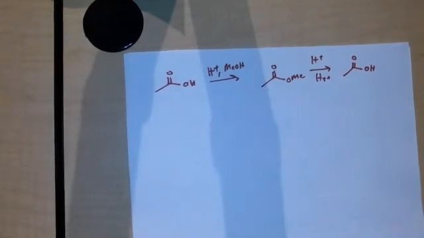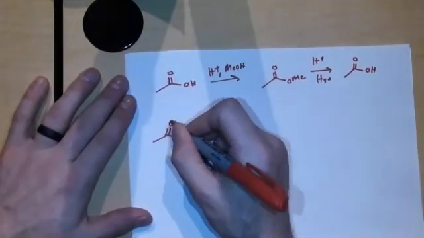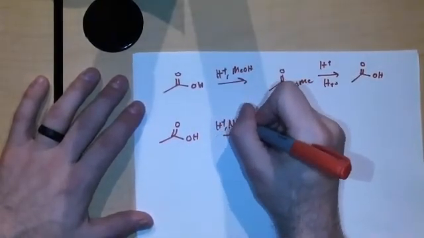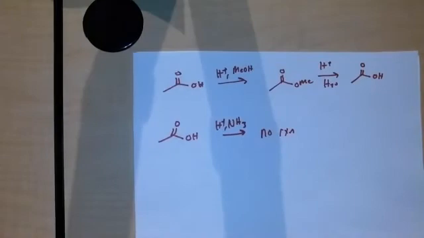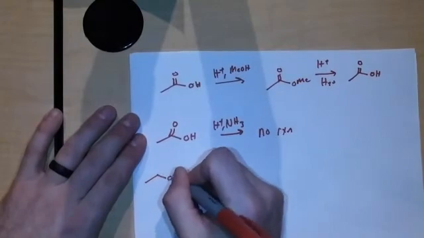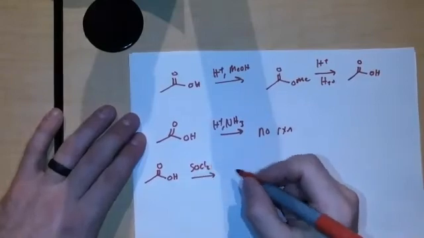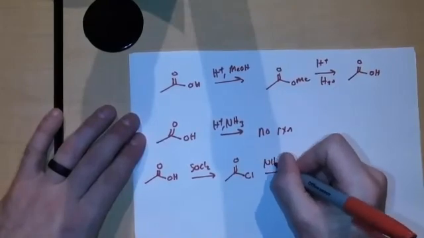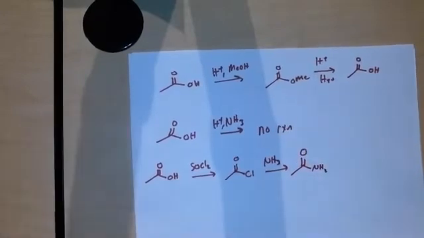Unlike amides, if we try to do this same concept, it's not going to work. Taking a carboxylic acid and throwing in H plus and NH3 is going to lead to no reaction. In order to get the amide, we're going to have to go through our SOCl2 pathway, then add in our amine to get here.